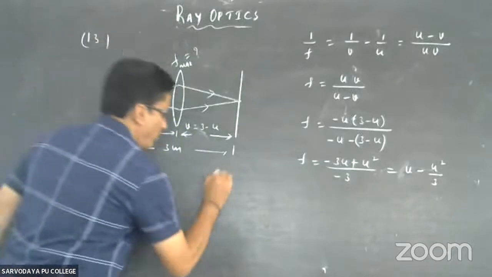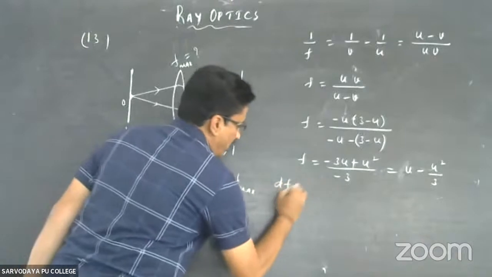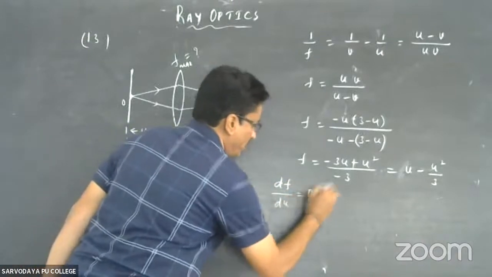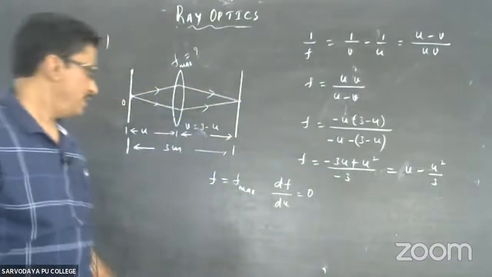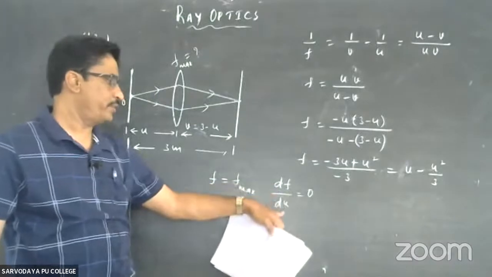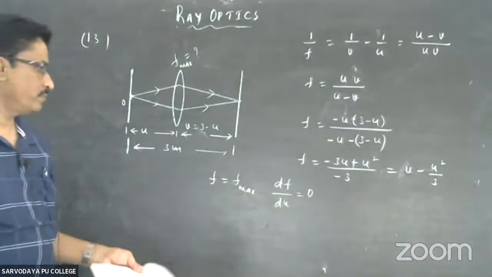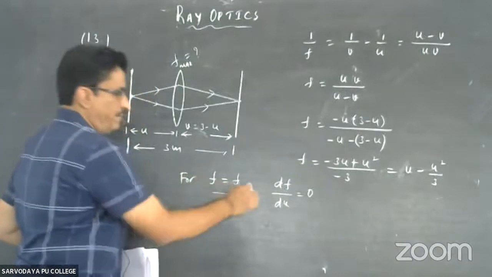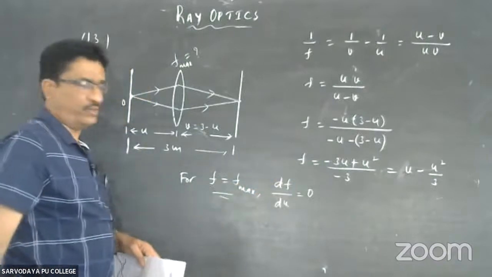Therefore, once you consider f to be f maximum, df by du should be equal to 0. The differentiation of f with respect to u should be equal to 0. That is what we have to do.